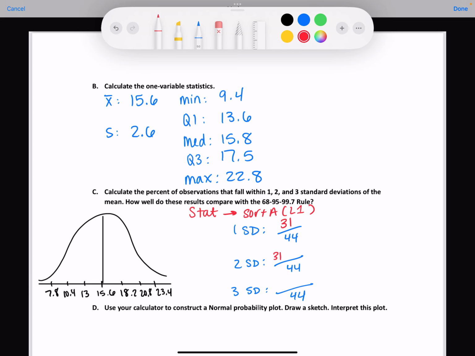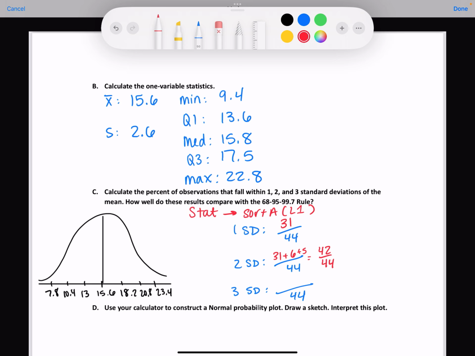So it's going to be 31 plus... Y'all end up with 42 numbers.